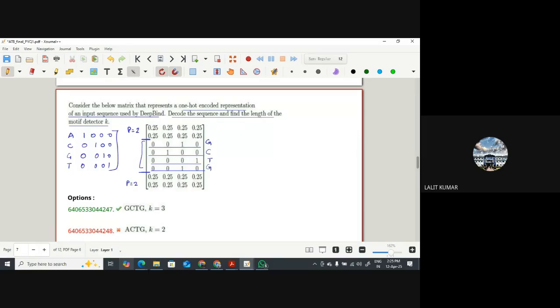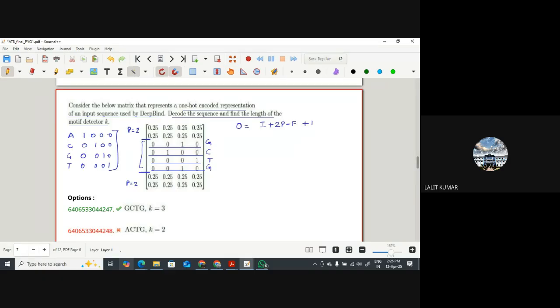Now the tricky part is, they are asking what the motif length is. Remember the formula was output is equal to input plus 2 into P minus F plus 1.